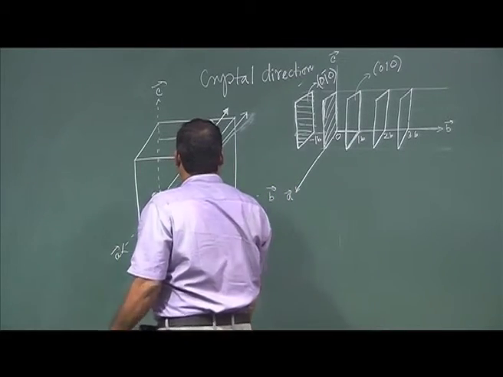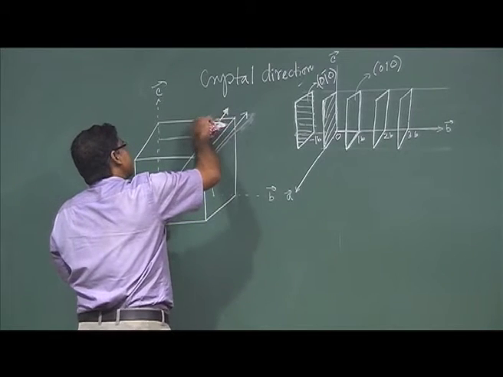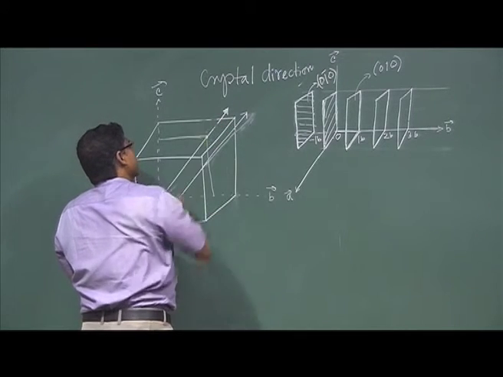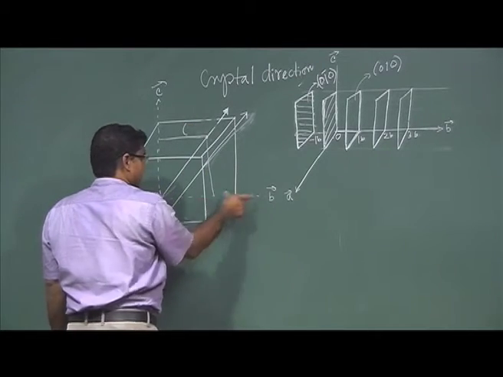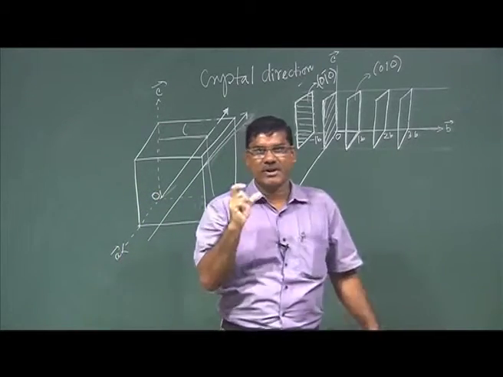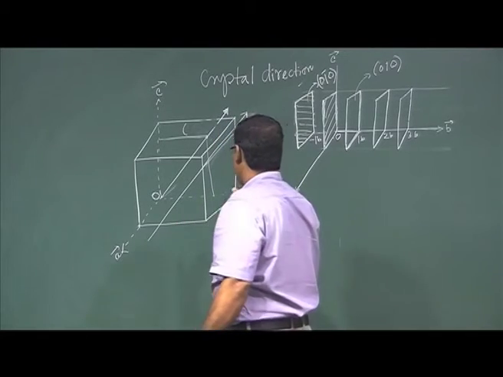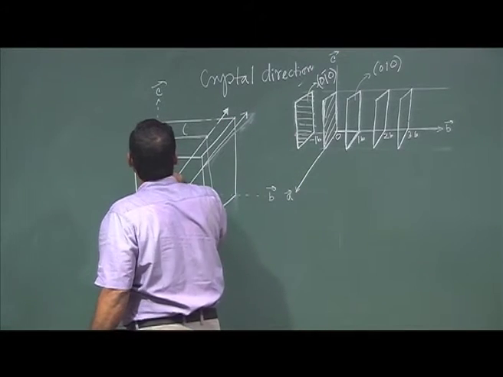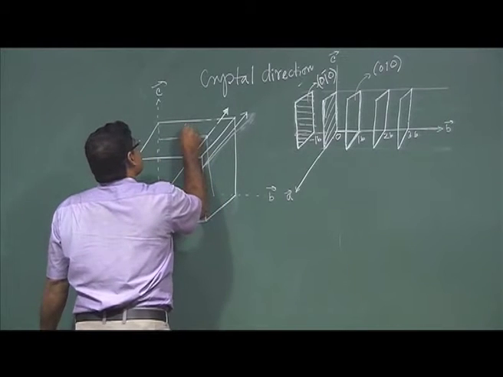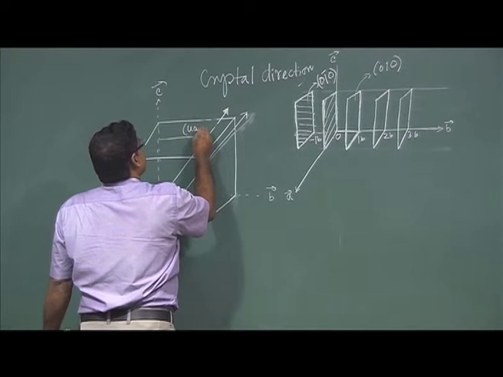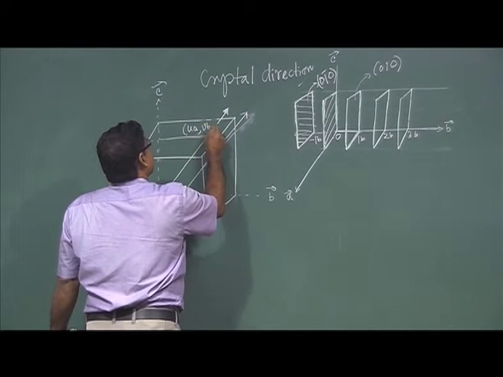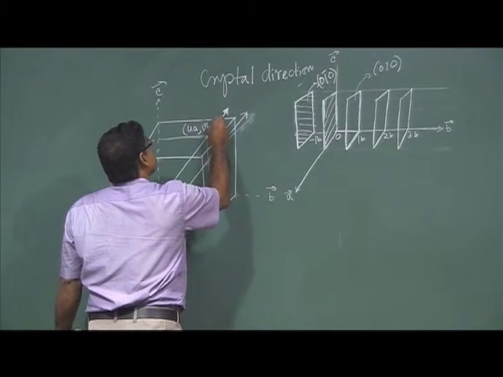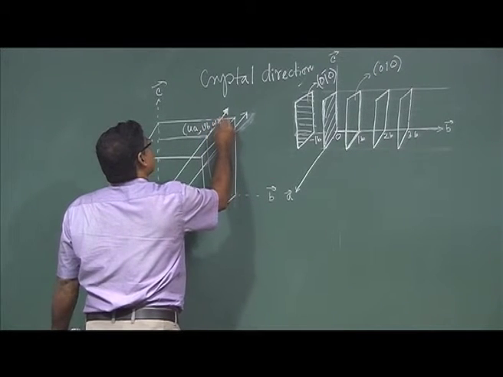In this crystal system, we write this point in terms of the axis units, which are basically A, B and C. So, u A, v B and w C, right.